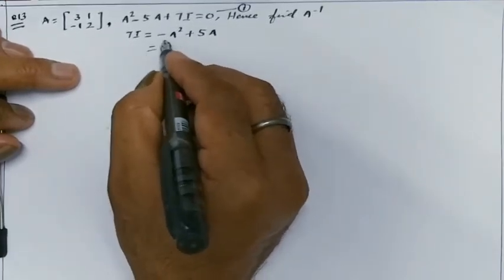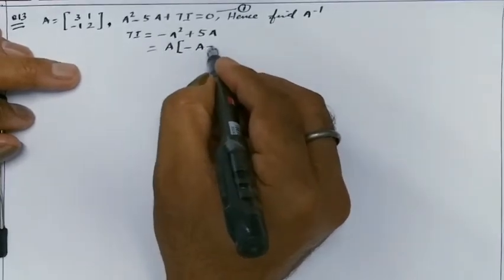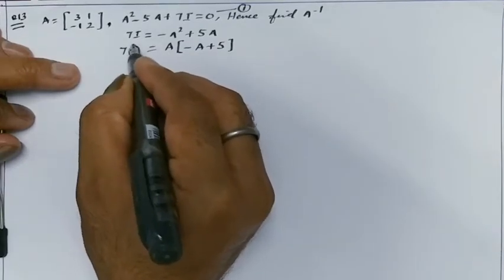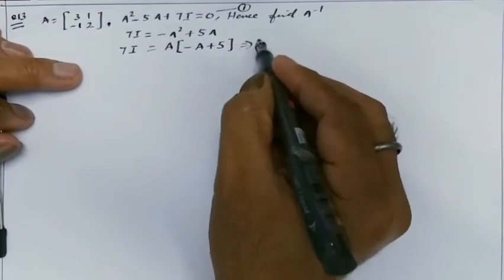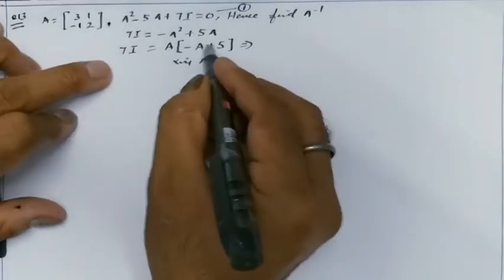Then let us take A common out of this, so inside it is minus A plus 5, and this is 7I, the identity matrix. Then multiplying both sides by A inverse to this statement.